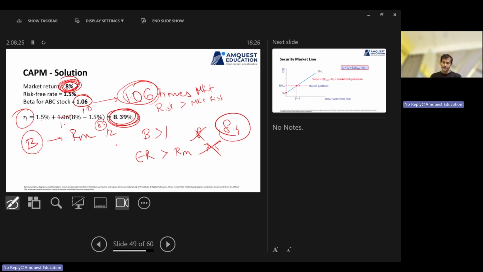If you're taking a risk of 1.06, a little bit more than the market risk, then you will earn more than the market return. If your risk is less than the market, let's say 0.9, because market risk is normally 1, then your return also will be less than the market return. I got it?